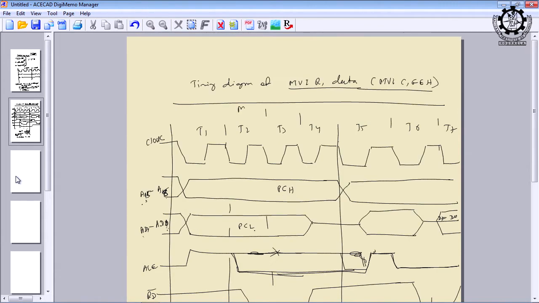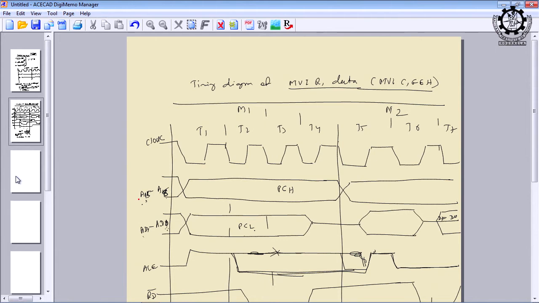So, this is the machine cycle 1, this is the machine cycle 2. As I told you, every machine cycle consists of a number of clock cycles. Is it clear? So, during the first machine cycle, as you see from this, the PCH and PCL have already transferred the address to AD0 to A15 during the first clock periods.